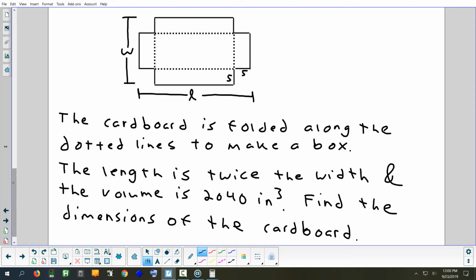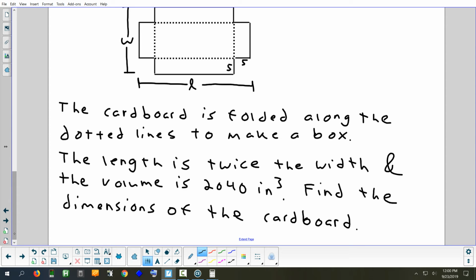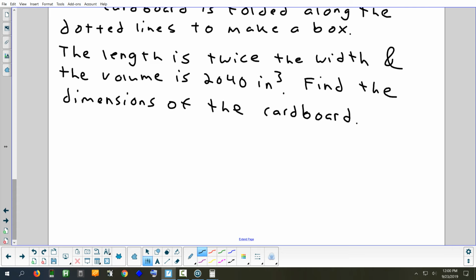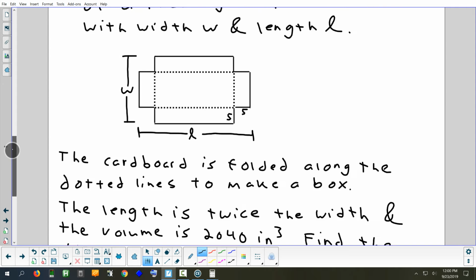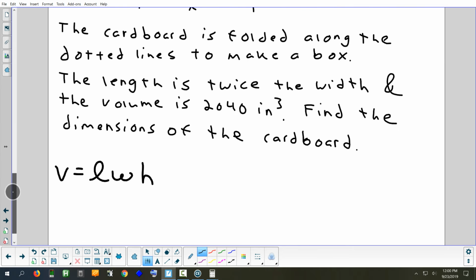It's a rectangular prism. What's the formula for the volume of a rectangular prism? Length times width times height.